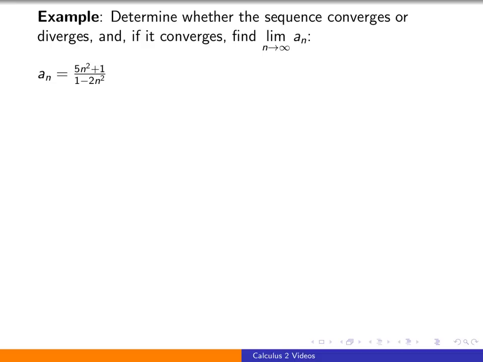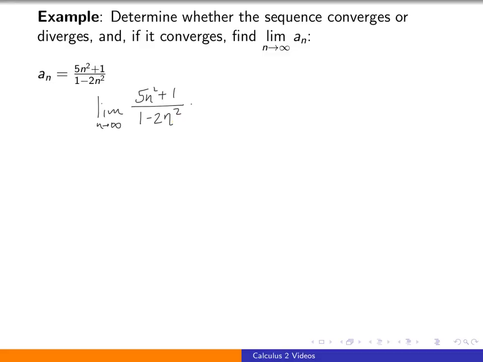Let's go through the work and maybe see how we would go about this. So we would like to calculate the limit as n approaches infinity of the sequence 5n squared plus 1 all divided by 1 minus 2n squared. So what we're going to do is just multiply by 1 in a fancy way. I'm going to note that the largest power of n in the denominator is 2.